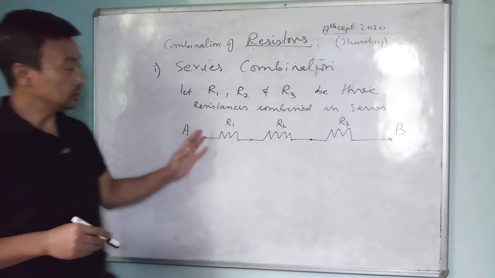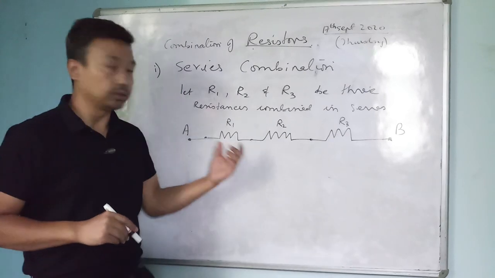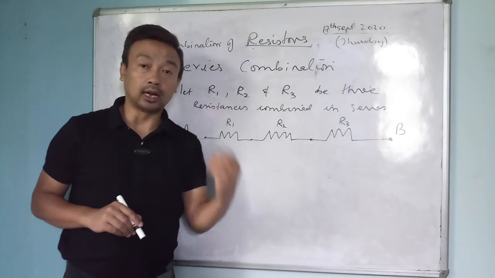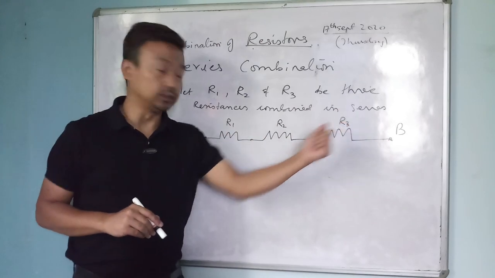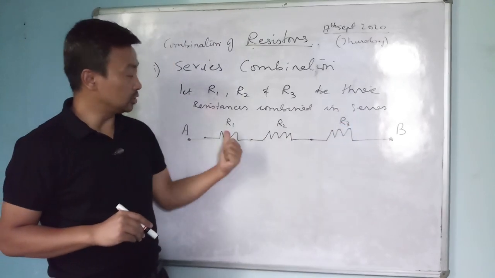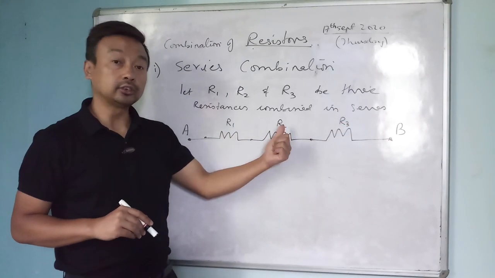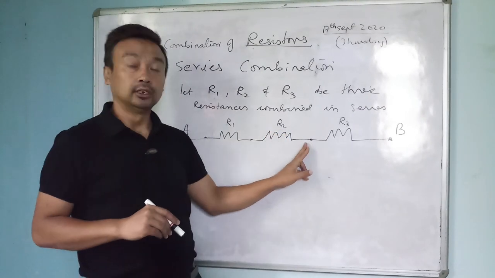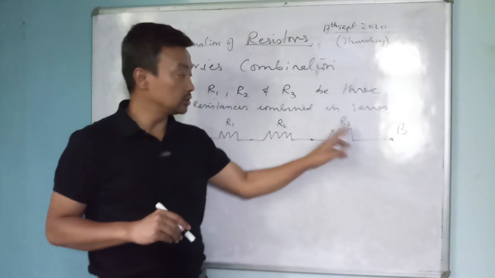Now it is quite obvious and simple that the resistances are joined one after the other. See, one end of one resistor is connected to the other end of the second resistor. Similarly, this end of the resistor is connected to the other end of the resistor.